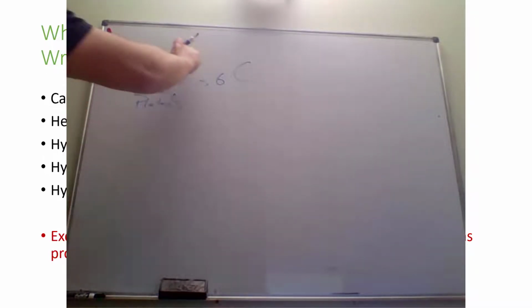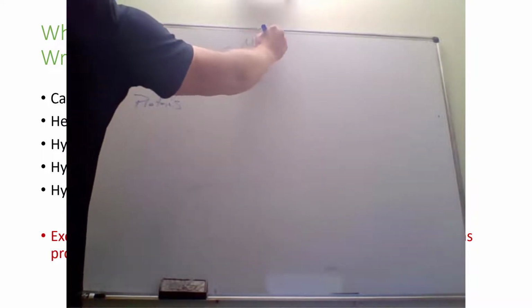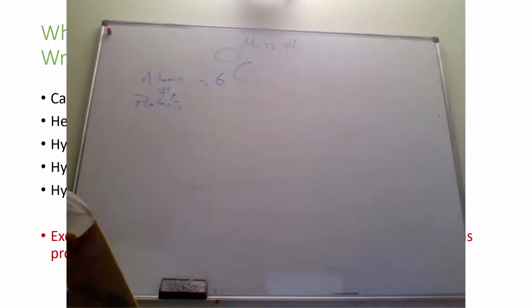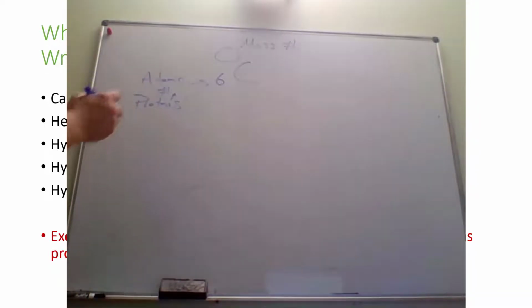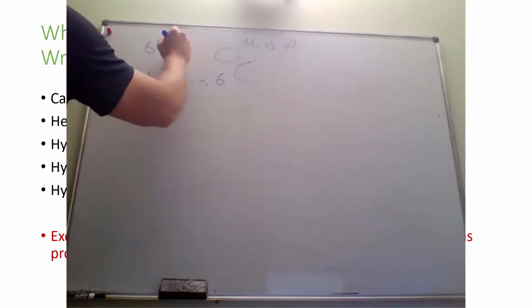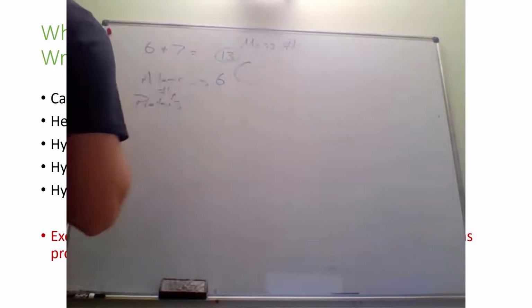The number that's located up here on the top is, again, our mass number. And so the mass number is going to be the sum of our protons and neutrons. So here, for this example, we have a carbon atom with 7 neutrons. So that value is going to be our atomic number, which is 6, plus 7 neutrons. So that's going to give us a value of 13.